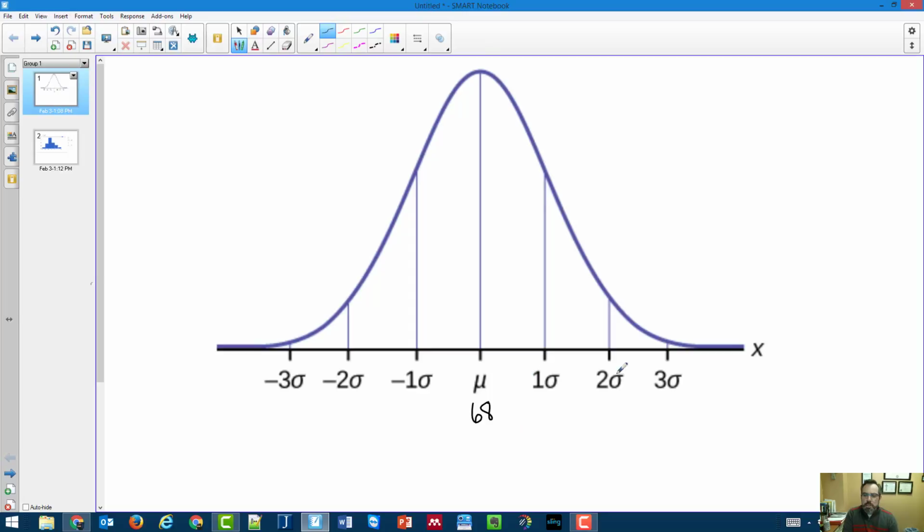You'll notice along this chart, going both directions, it shows 1 sigma, 2 sigma, 3 sigma, which is 1 standard deviation, 2 standard deviations, and 3. The idea of a standard deviation, in ours approximately 3, is that I'm always going the same distance.